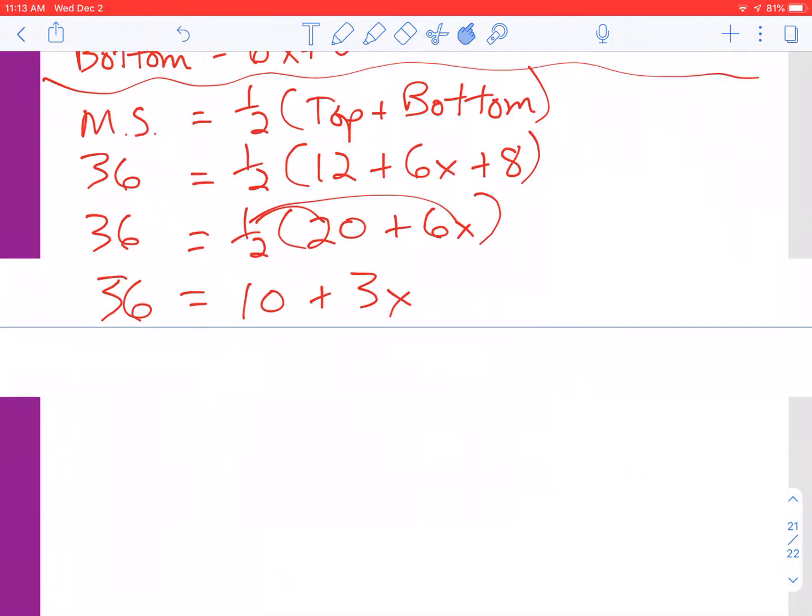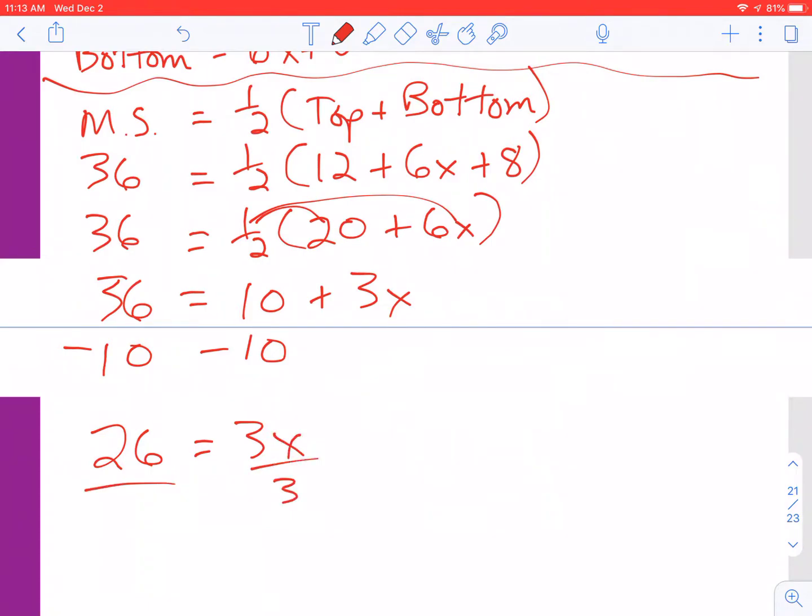I'm going to subtract 10. And we'll get 26 equals 3x. You will get a decimal. 26 divided by 3 is 8.67.